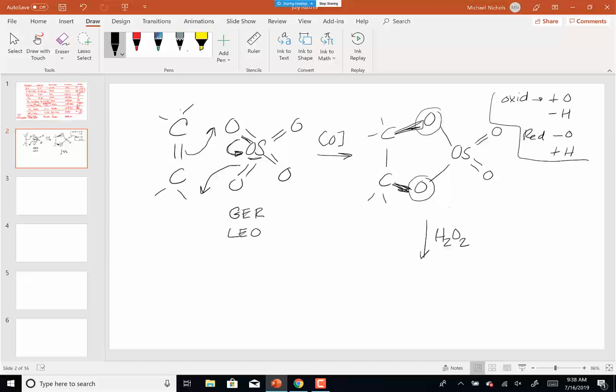And so what it's going to do is it's going to cleave the 2 osmium-oxygen bonds, and it's going to restore the osmium to its original catalytic state. And then your organic molecule will have 2 OHs that added cis because of the original 5-membered ring.